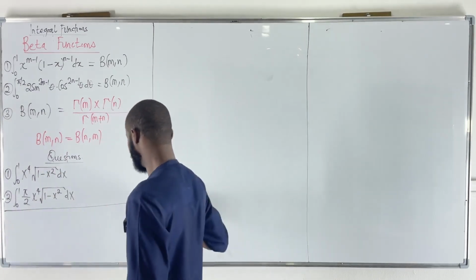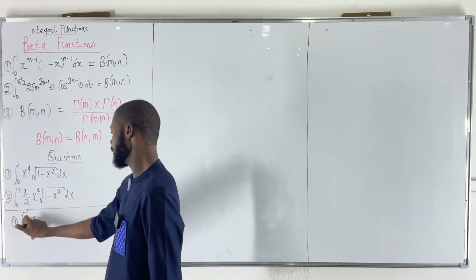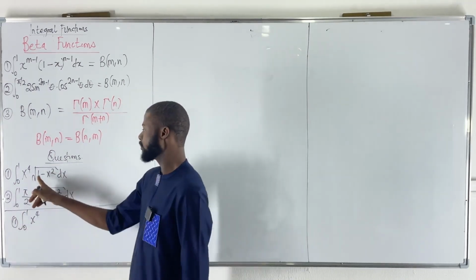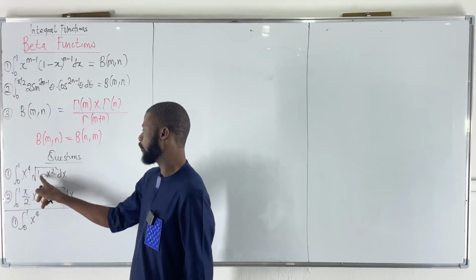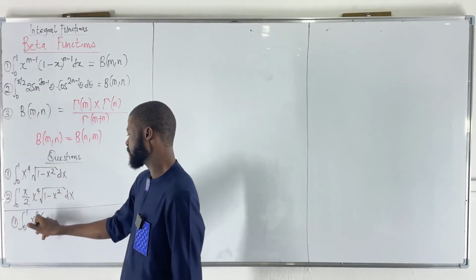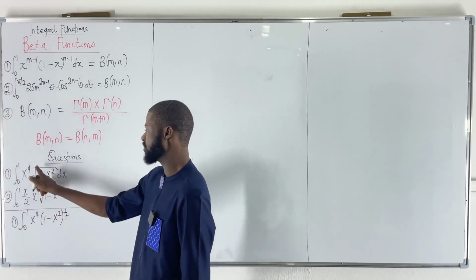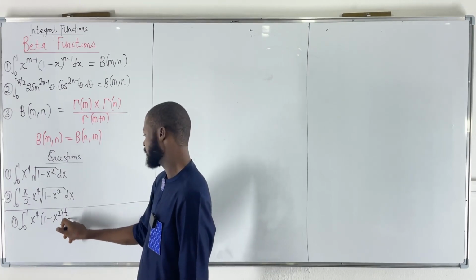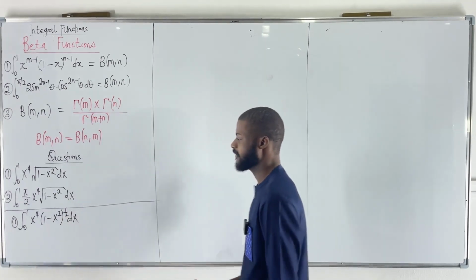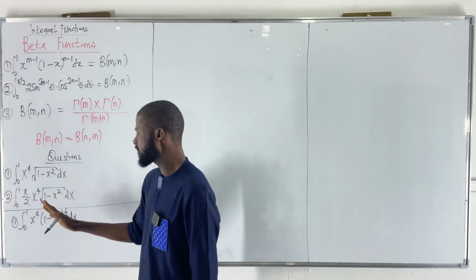So for the first one, we have the integral from 0 to 1 of x to the 4, times the square root of 1 minus x squared. Now, to start with, there's a better way of writing this. 1 minus x squared can just be written as 1 minus x squared all raised to the power of half because of the square root, dx. So that's what I have, right? Also, I could make this much more interesting.